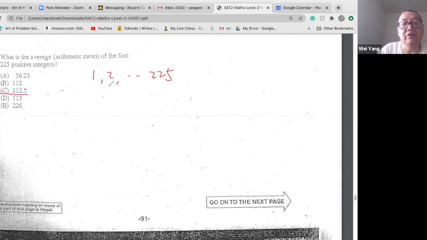So here you have 225 numbers. So the average should be exactly this one plus this divided by 2, 113.